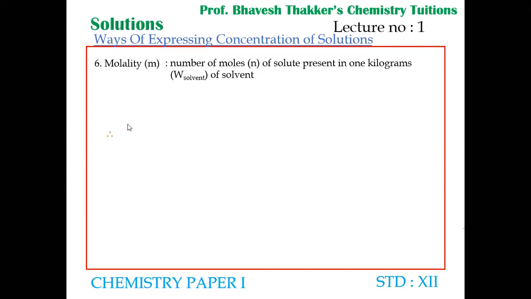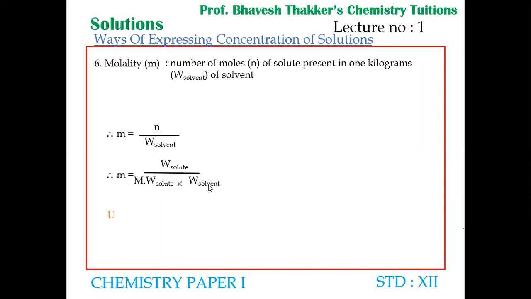Now how to calculate molality? See, number of moles of solute upon mass of solvent in kg. Okay, so number of moles. How to find number of moles? Mass upon molar mass. So molality can be calculated as mass of solute upon molar mass of solute, and your mass of solvent should be in kg.